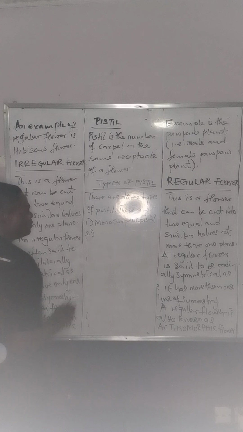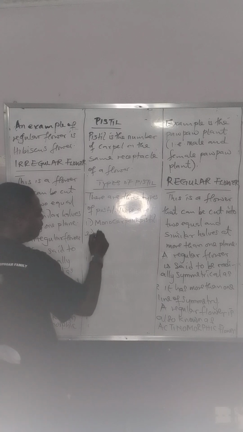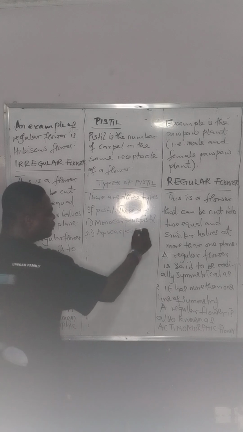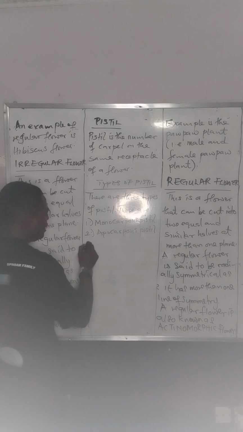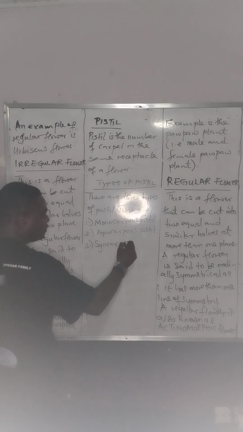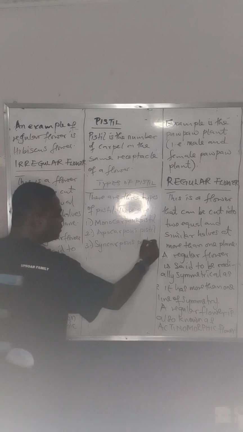The second one is called apocarpous, apocarpous pistil. And the third one is called syncarpous, syncarpous pistil. So let's take them one after the other.